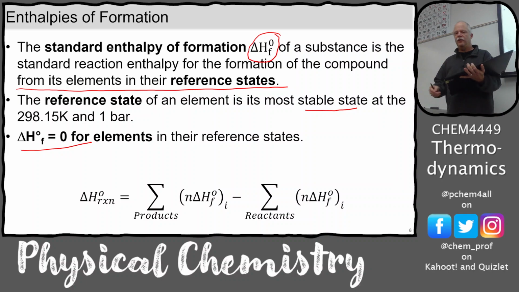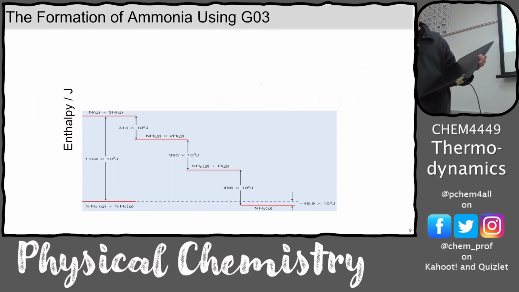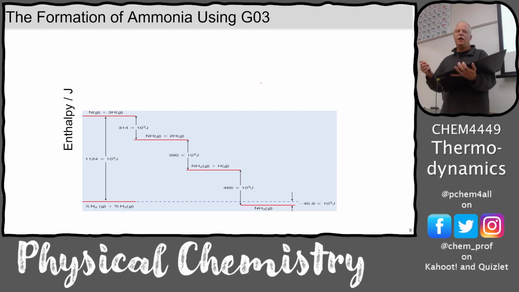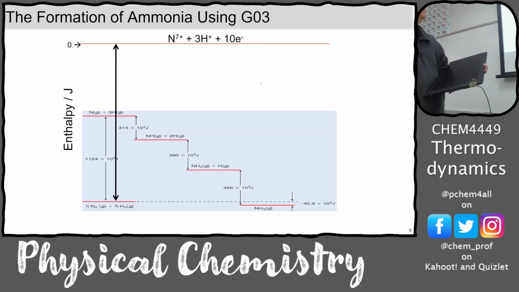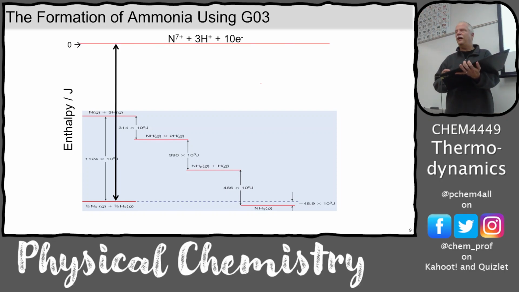And so now a different community developed Gaussian, and they have a different reference state. So Gaussian does not compare everything to the elements in their standard states. Gaussian compares everything to completely separated nuclei and electrons. So look at that up there. That's crazy.